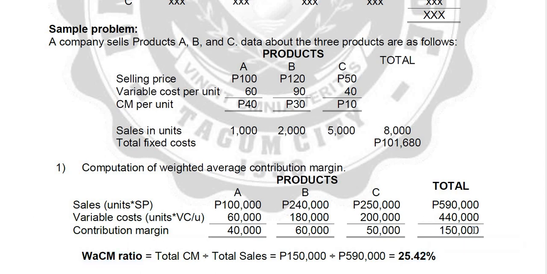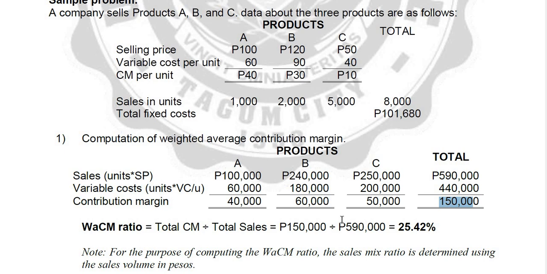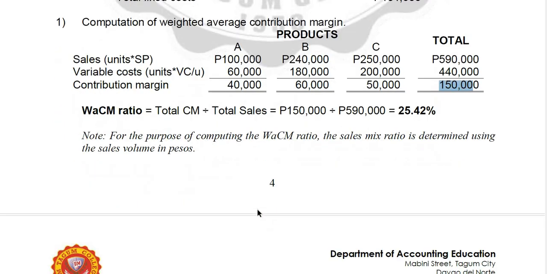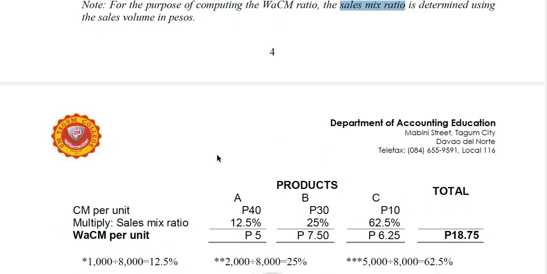So, ito yung contribution margin ratio mo para sa tatlong products. Okay? For the purpose of the weighted average contribution margin ratio, yung sales mix ratio natin is determined using the sales volume in pesos.